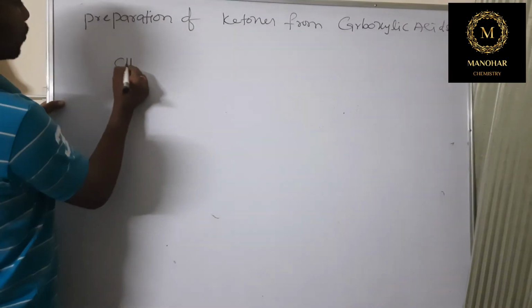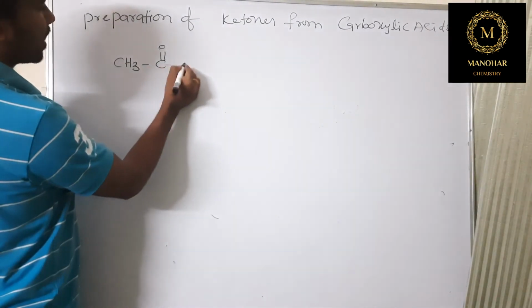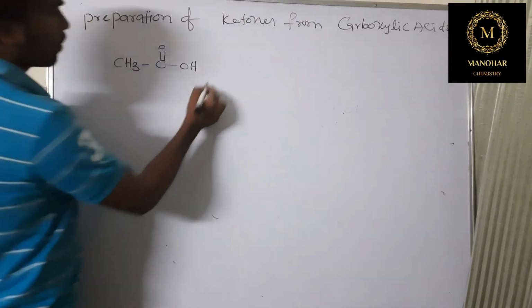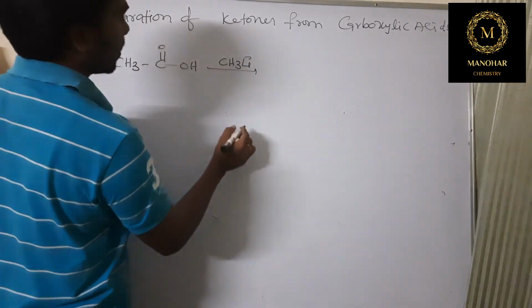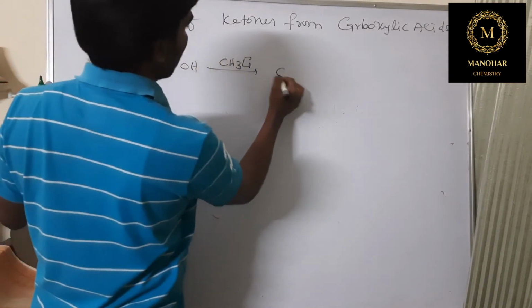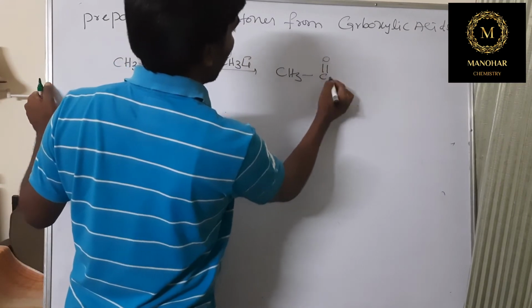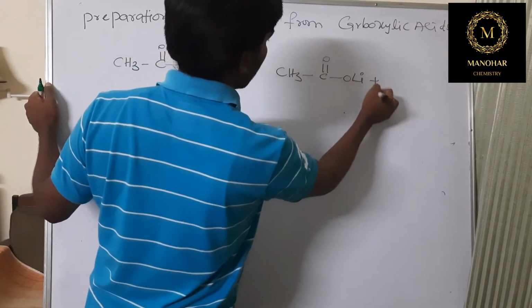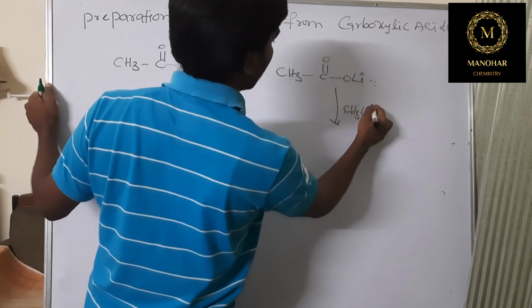So for example, to prepare acetone, I am taking acetic acid. This acetic acid, when reacting with CH3Li, methyl lithium, will act as a base here. CH3 C double bond OLi will form, and CH4. Again one more methyl lithium will react with this one.